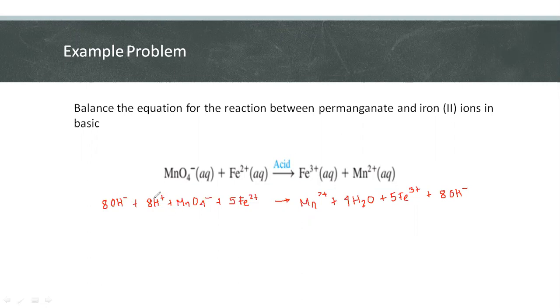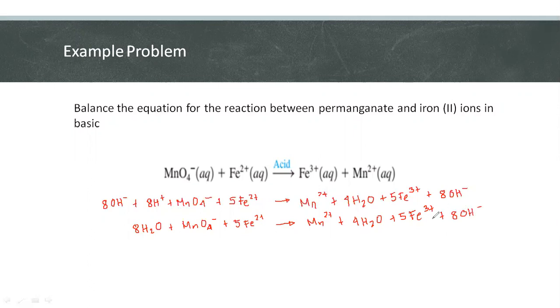Okay, so now let's combine hydroxide and H plus. So we have now 8 H2O with 0 charge plus permanganate minus plus 5 iron 2 plus. Then we have manganese 2 plus at the right side, 4 H2O plus 5 iron 3 plus plus 8 hydroxide.